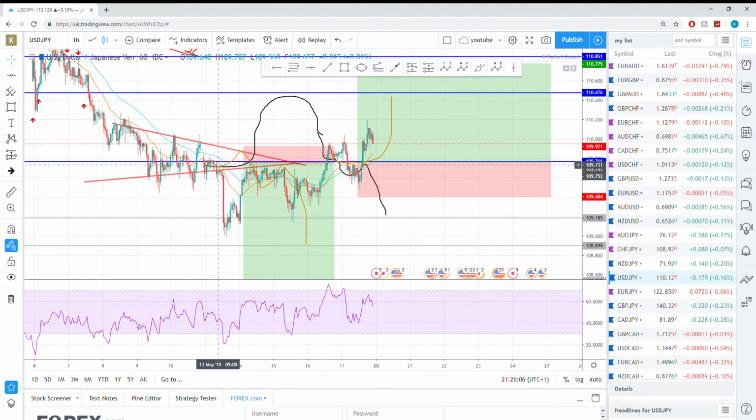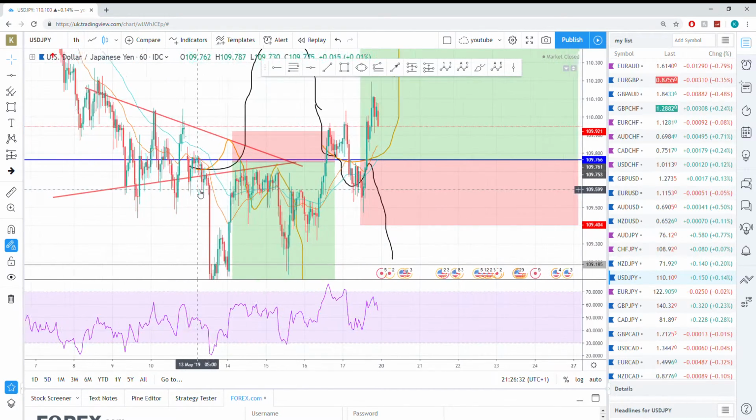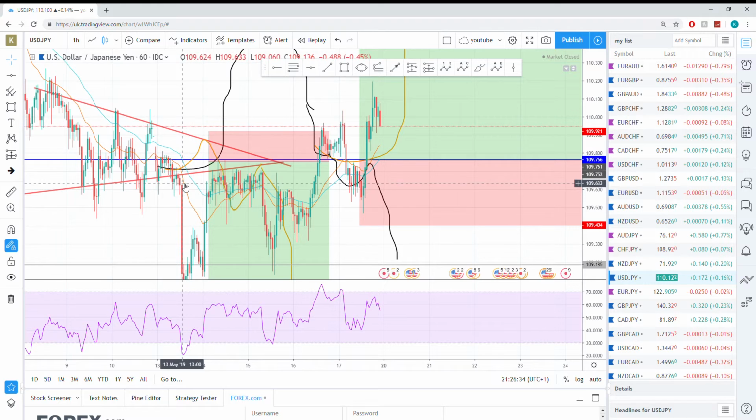We didn't get that, and I partly think the reason is the key level that we have at 109.766. We got the push and we did get a very clear rejection on this blue line here, and this sent price downwards, and we got the retest of the bottom of this zone, this red wedge that I formed here.